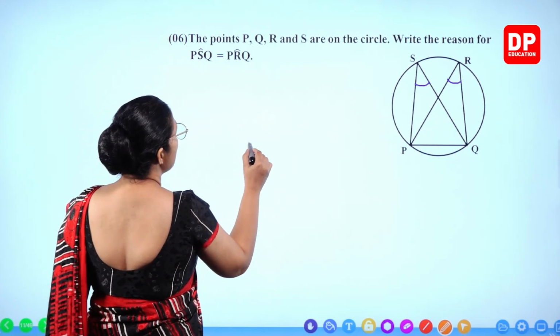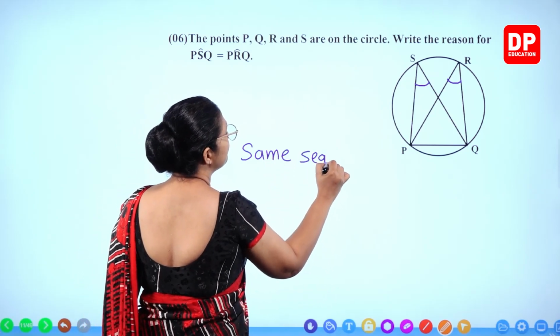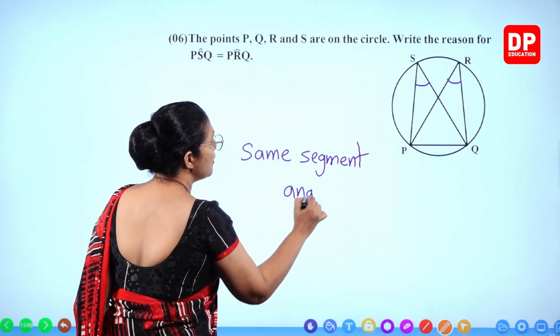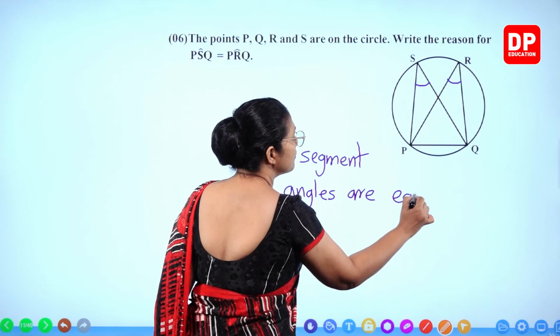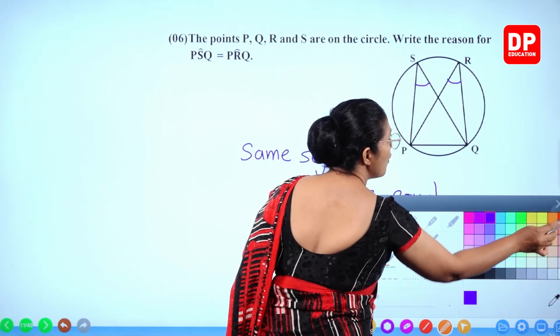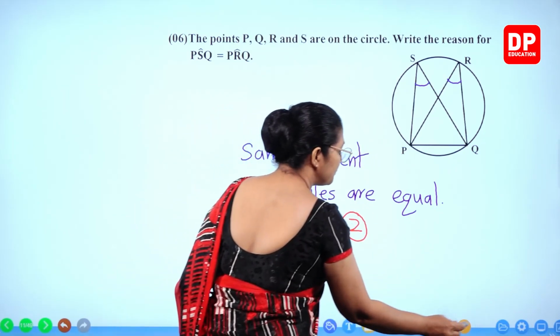So you can say, what's the reason? Same segment angles are equal. So for the reason, you are getting 2 marks.